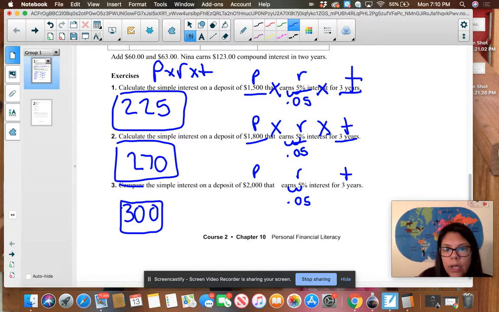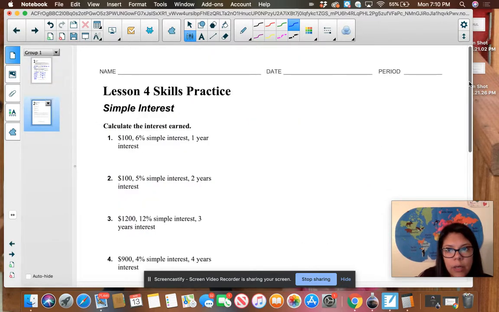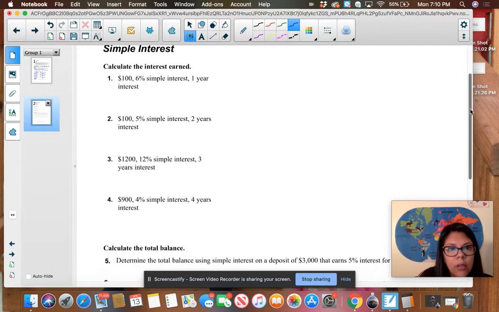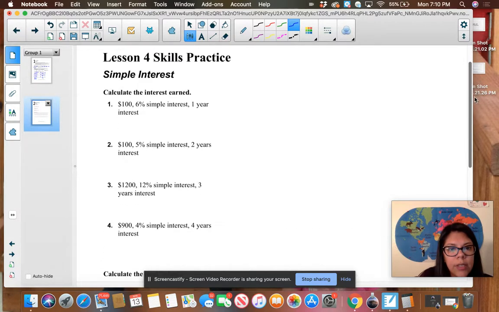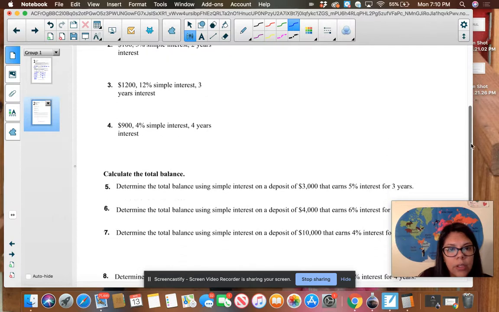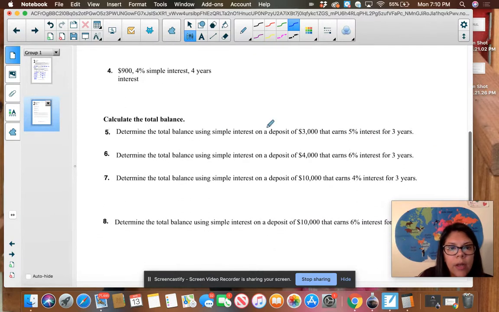So what you guys are working on is these questions right here, all about simple interest and calculating how much interest. Now, on these questions, if it says determine the total balance, you're going to have to add. So I'll do this one with you.